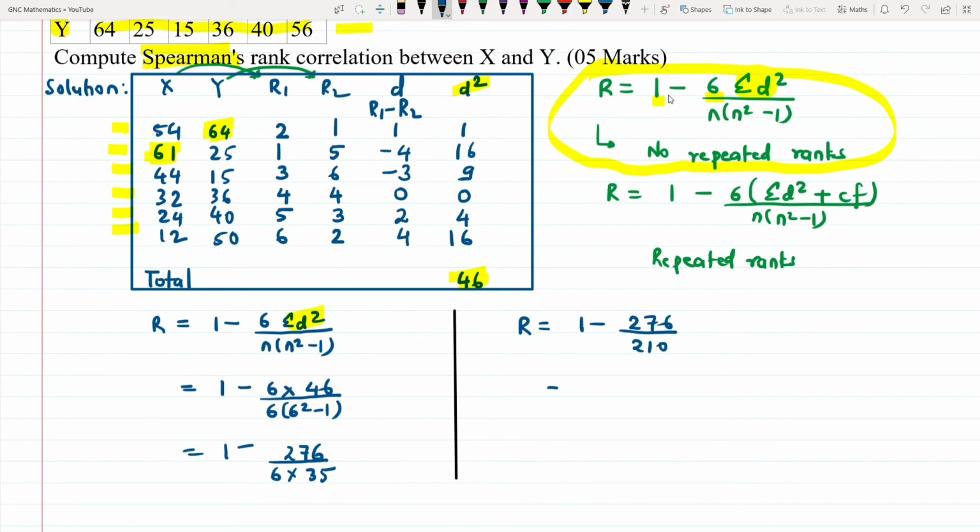Now we are going to first calculate the division. So 276 divided by 210 is 1.3143 after rounding off to 4 decimal places, and this gives us negative 0.3143, and that is the value of capital R which we are looking for.